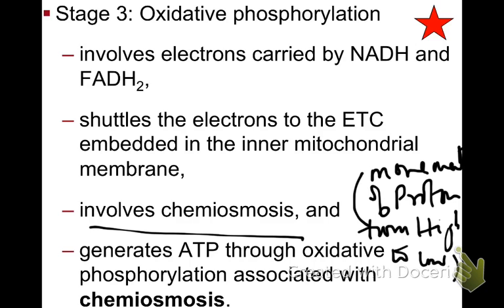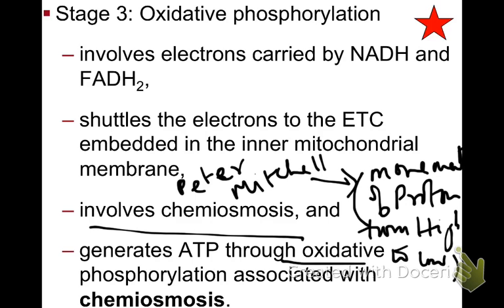Okay, it is a special process discovered by a scientist named Peter Mitchell. Okay, generates ATP through the process called oxidative phosphorylation, and it is associated with the process of chemiosmosis.